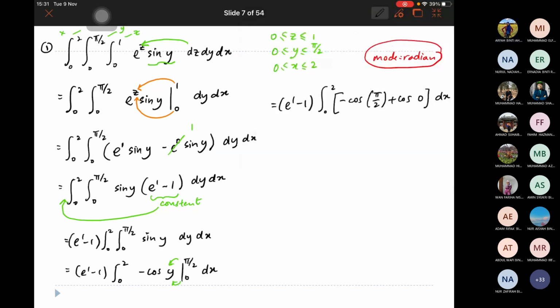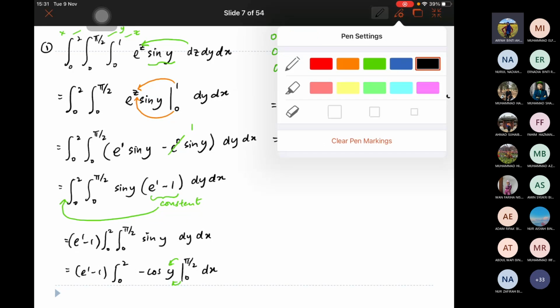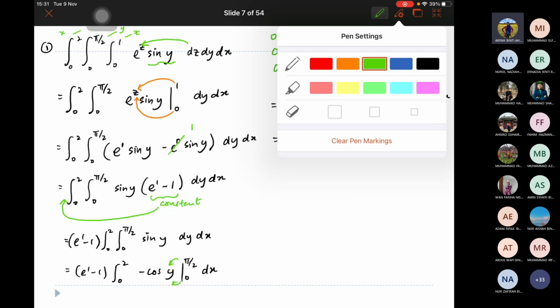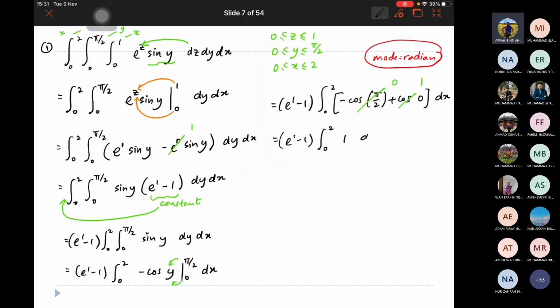Okay. So, dapat sama dengan exponential 1 minus 1, kosong sampai 2. Cos pi per 2 is 0. Okay. And cos kosong is 1. So, integrate 1 dx. So, dapat exponential of 1 minus 1 x, kosong sampai 2.